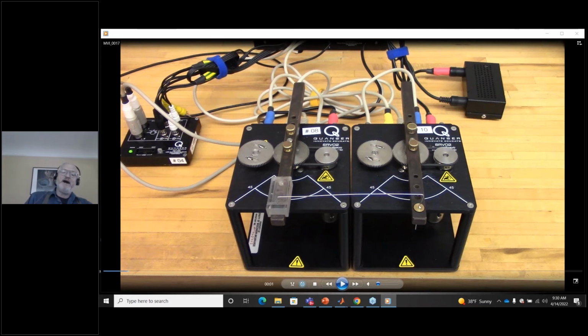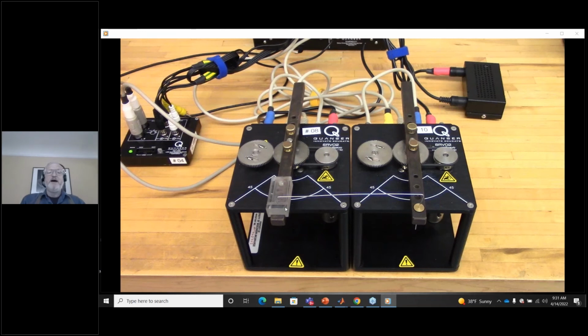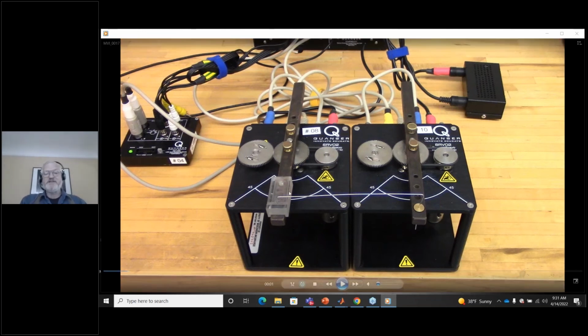And if the student maintains highly accurate tracking, the link stays in the groove. If the tracker has larger errors, then the link will fall out of the groove. And so it makes a very visible effect. It also makes visible and tangible this notion of tracking accuracy.